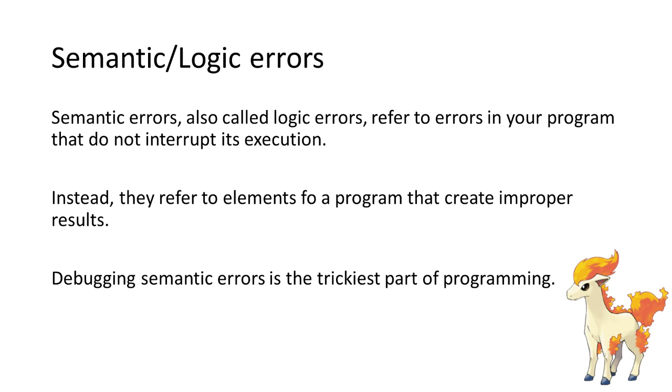Especially as you get into larger programs that have hundreds or thousands or millions of lines of code, finding a semantic error can take hours and hours of searching. Fortunately for this course, most of our programs are going to be much shorter than that and should be fairly easy to figure out. Later on in the semester, we'll also talk about some tricks for debugging that can help speed the process along and make it much easier.